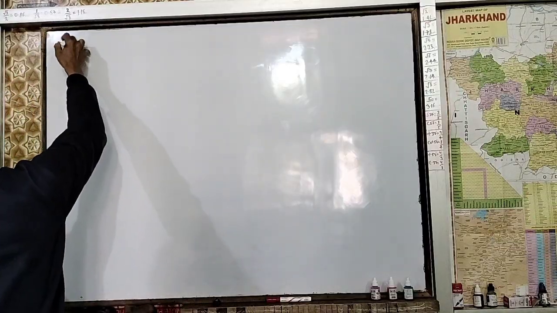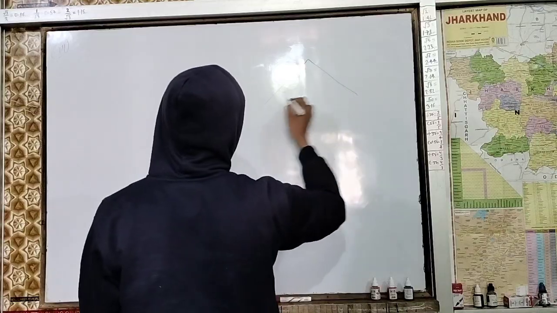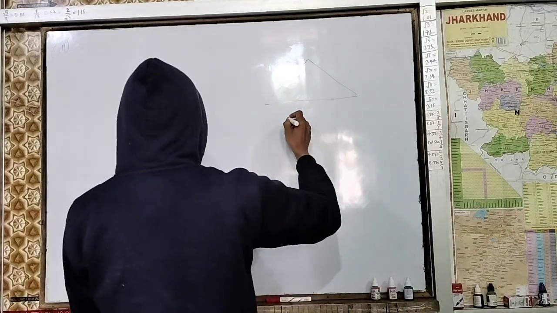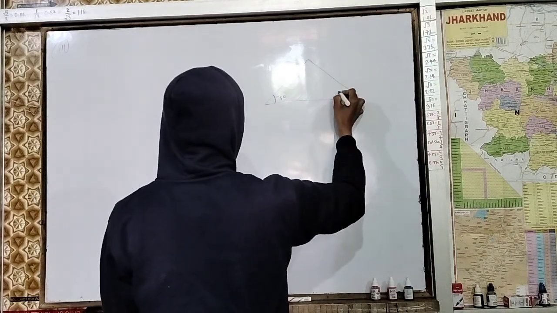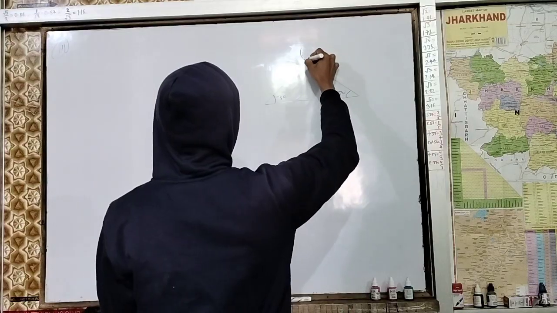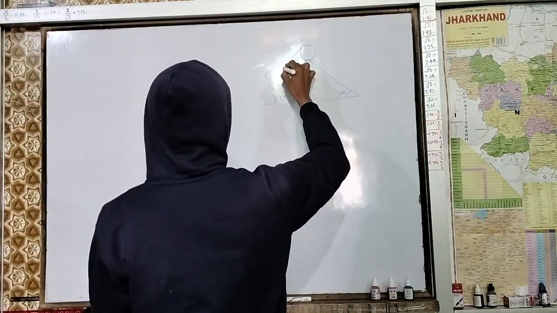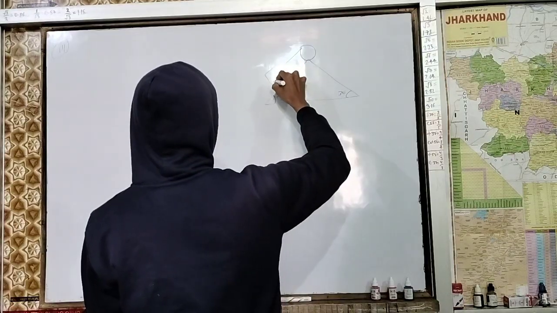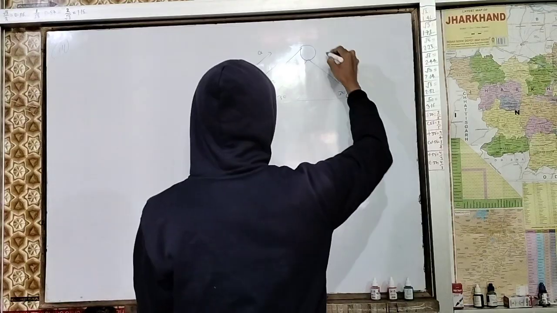Figure is a triangle again. This is 30 degrees and this is also 30 degrees. There is one pulley, one object whose mass is 2 kg, acceleration is upward.